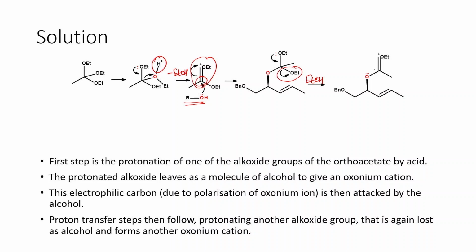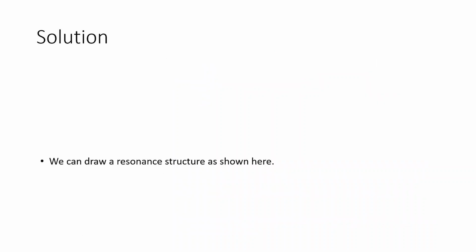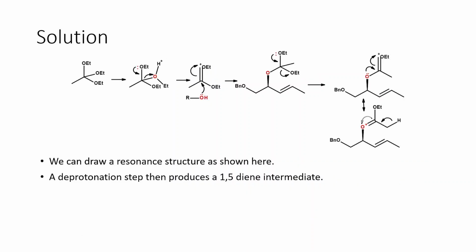So we end up with the corresponding oxonium cation that is formed in the next step. Once this oxonium ion is formed, it can exist in resonance structures. Written in the resonance structure, we have a hydrogen atom attached to this methyl unit, which can be shifted. That leads to a 1,5-diene intermediate as shown here.